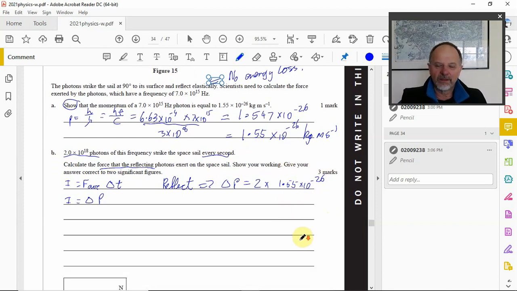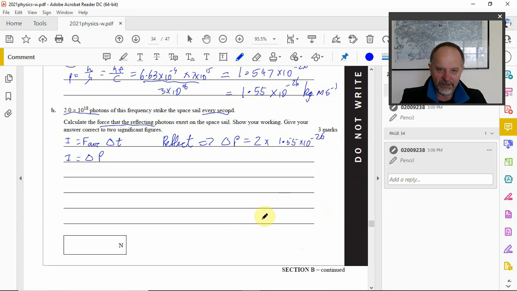All right, so yes, I know that change in momentum is our final minus our initial. The sizes of these are the same, but completely 180 degrees the opposite direction.